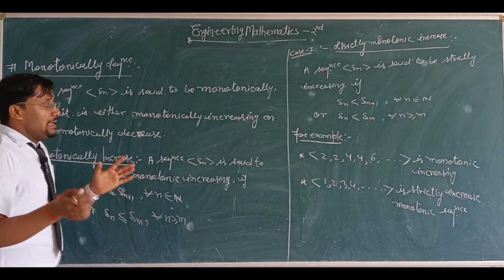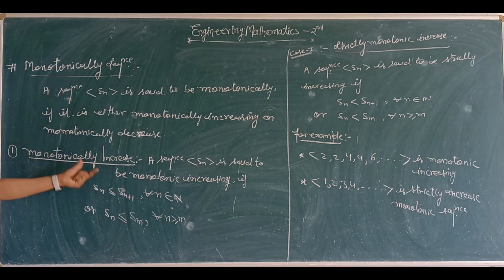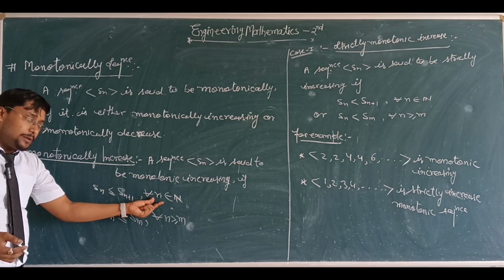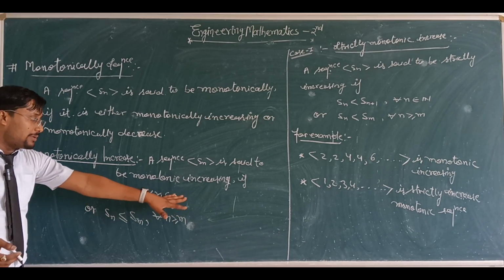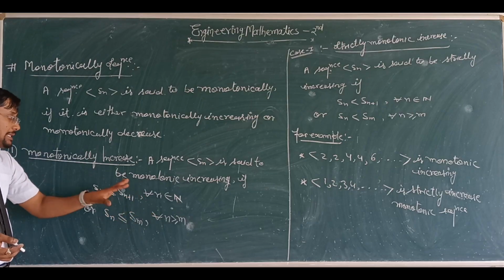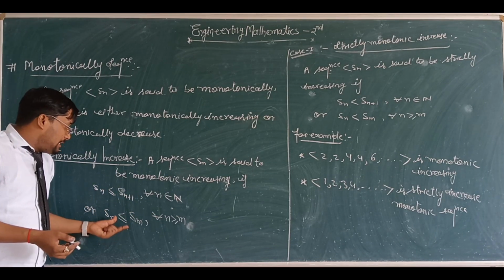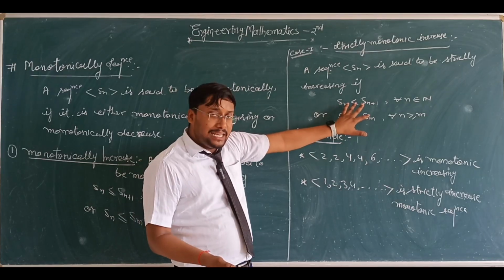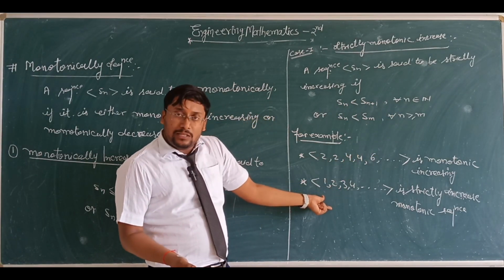It means a sequence Sn is less than or equal to Sn plus 1 when n belongs to the natural numbers, and strictly increasing means Sn is less than Sn plus 1, for this example.